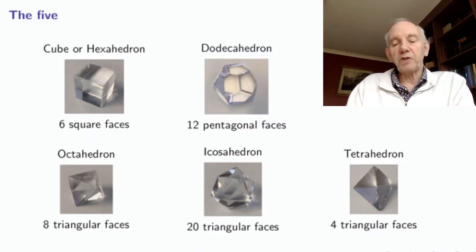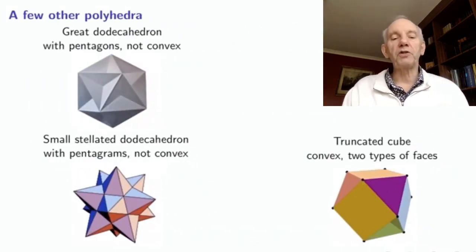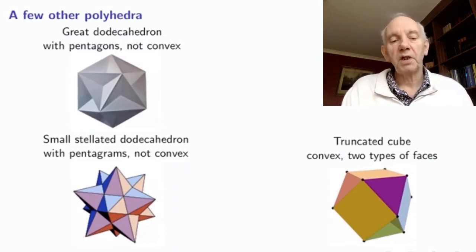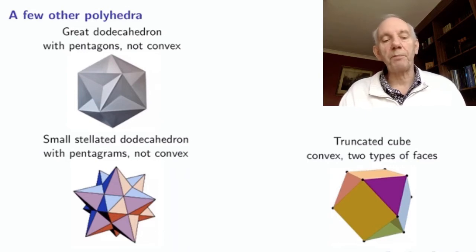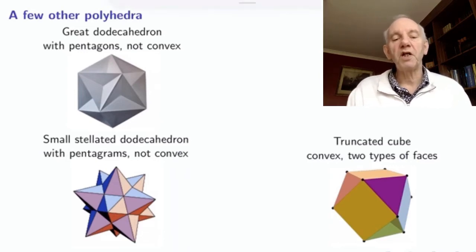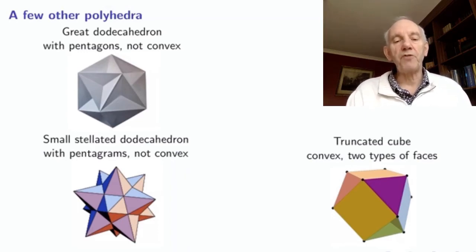Okay, I just want to give you examples of polyhedra which are not Platonic solids, just for fun, just to emphasize the conditions one puts on to get the Platonic solids. The important condition is they have to be convex. So the first two polyhedra on the left are not convex.